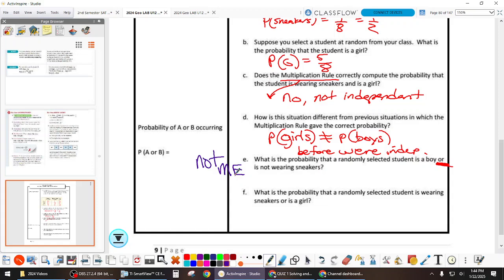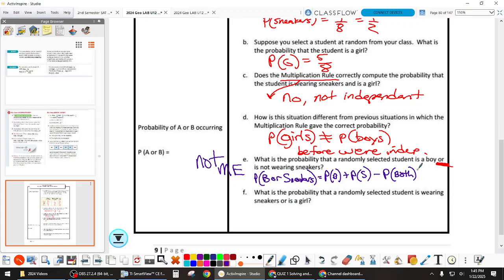Probability of boy or sneakers. What's the formula? Plus, good job. Good. But not done yet. Minus both. Good.